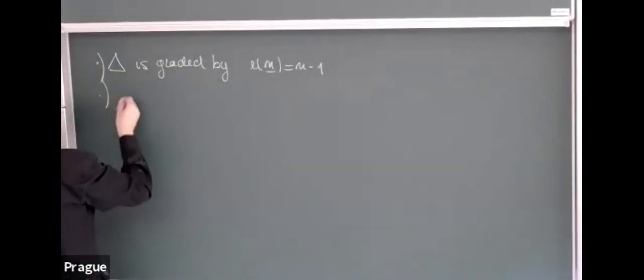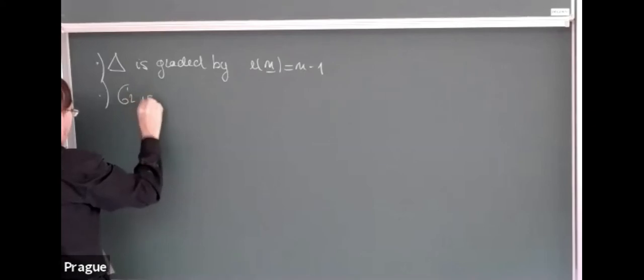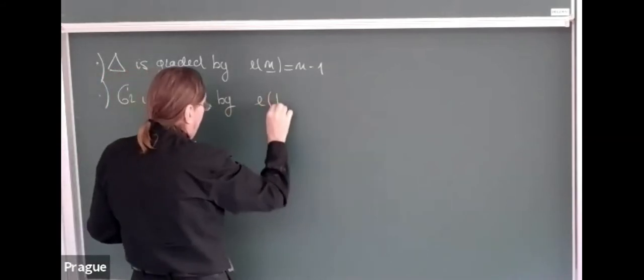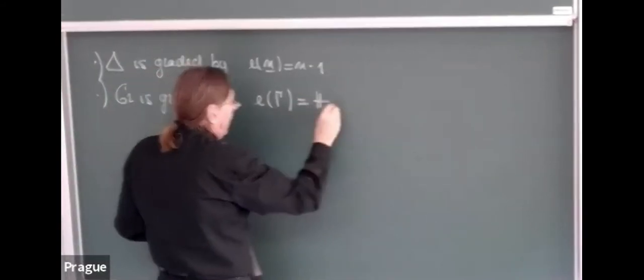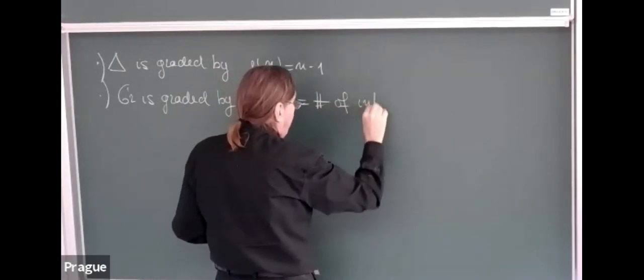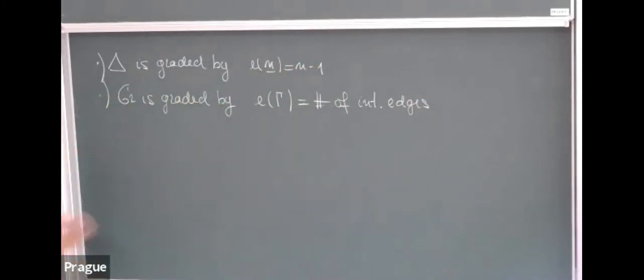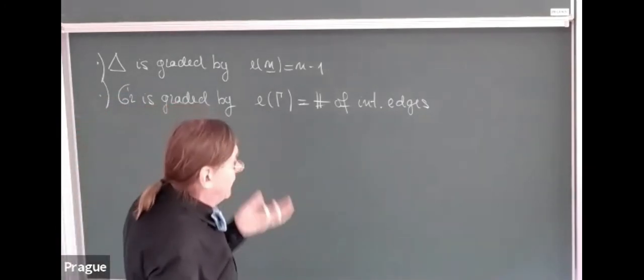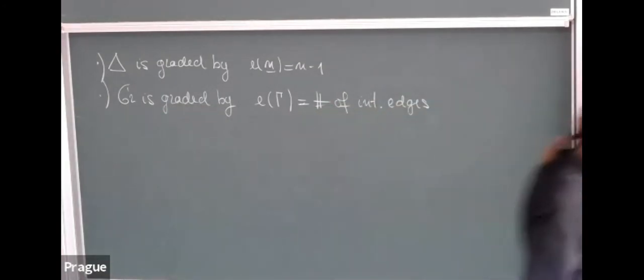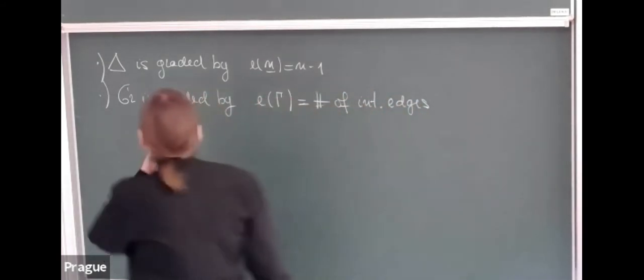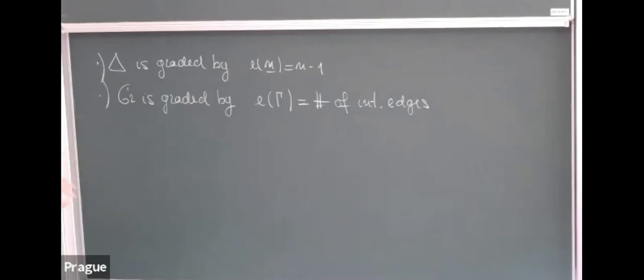And example number 2: the category of graphs is graded by e(gamma), the number of internal edges, which was actually the reason for this notation E. And this has a very good flavor, because I wish my would-be circle operations to describe or be related with contractions of graphs which contract at least one edge.